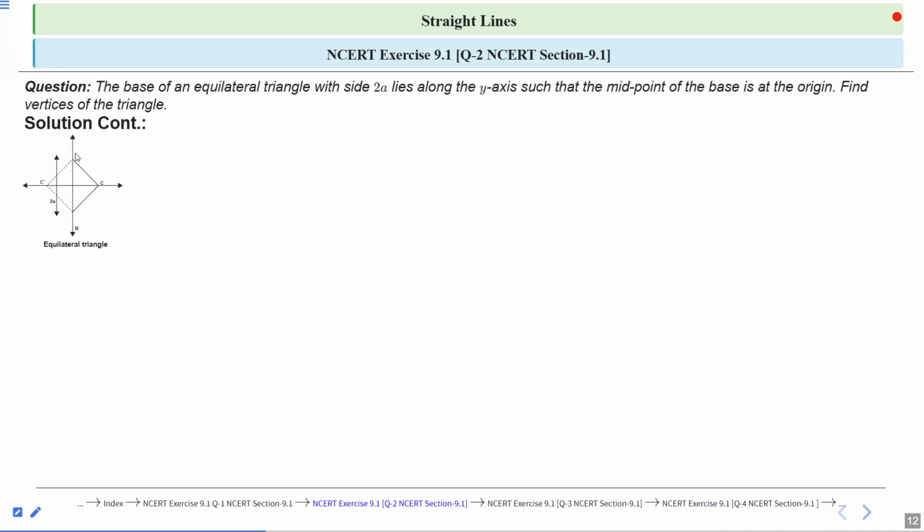See this figure. Here you can see this is an equilateral triangle.